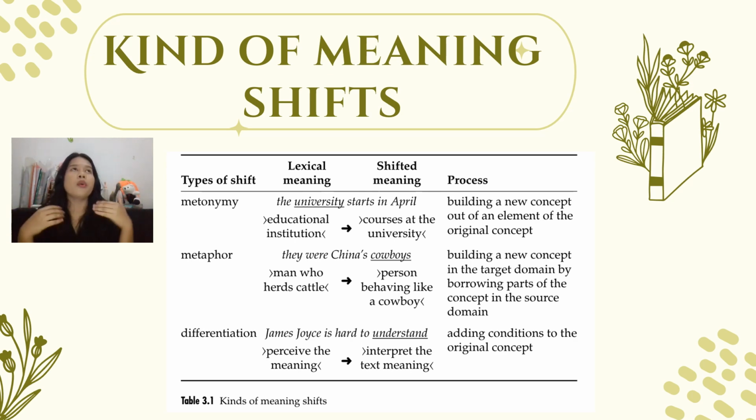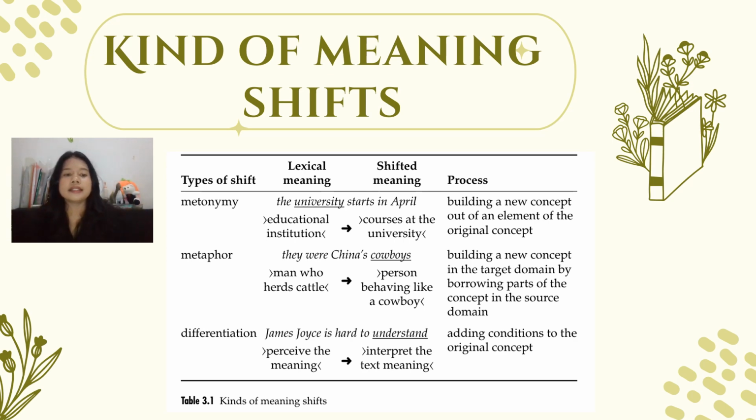It can be the way he talks, the way he walks, or the way he expresses himself. So the process here is building a new concept in the target domain by borrowing parts of the concept in the source domain.